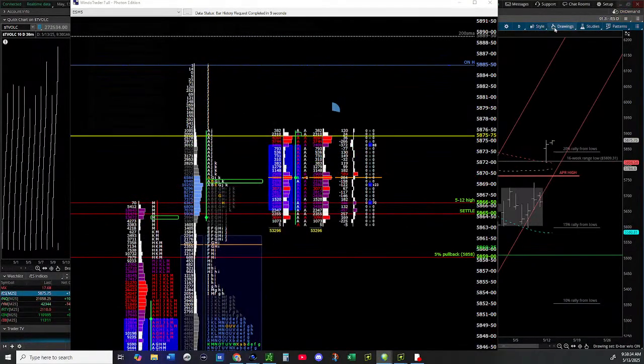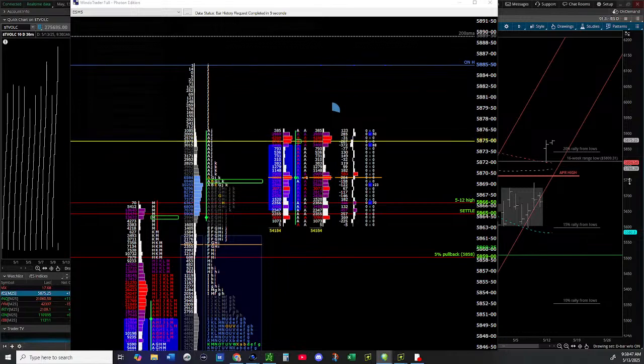This market's to the upside. One of the mistakes that we make is that traders try to fade a trending market. This market is trending to the upside. Momentum is to the upside. There's no reason to go against that.